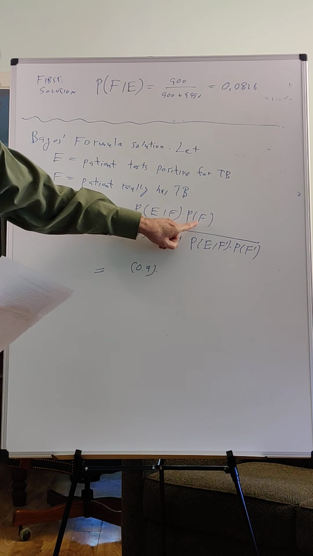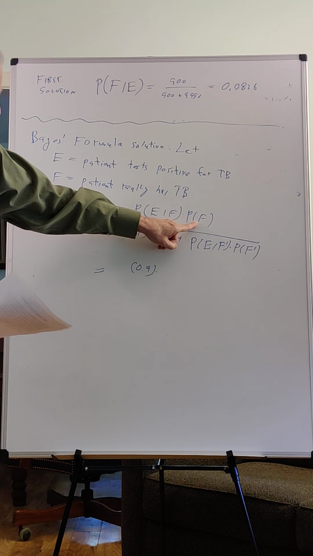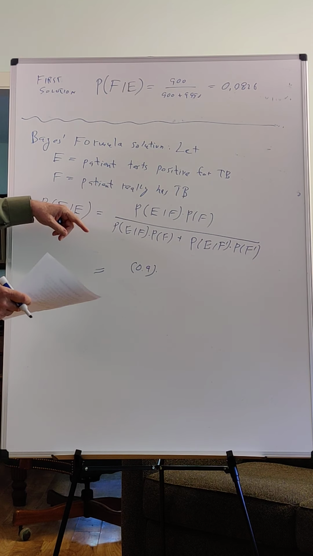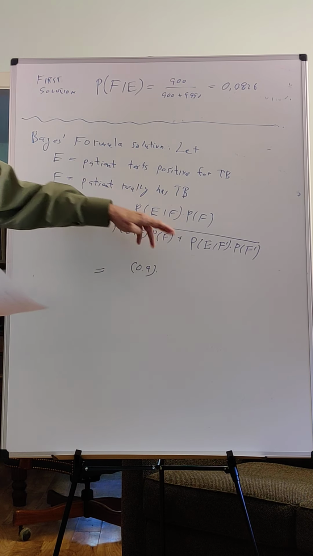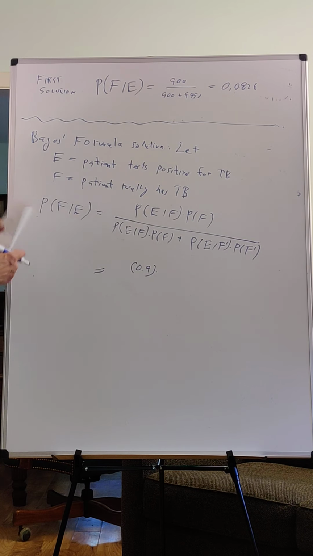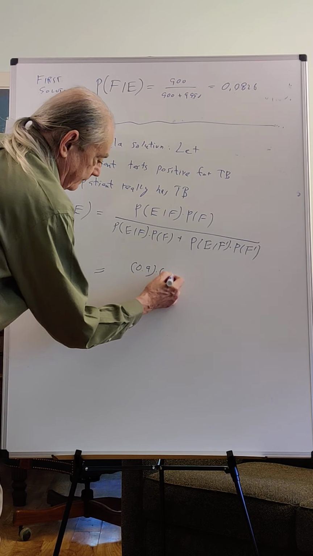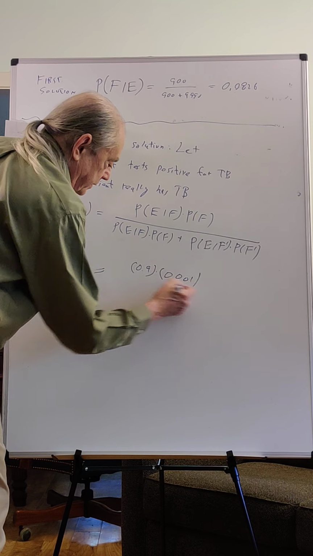This is the incidence of TB in the population. So if we choose a patient at random from the population, the probability that the patient has TB is 0.1%. So that's 0.001.